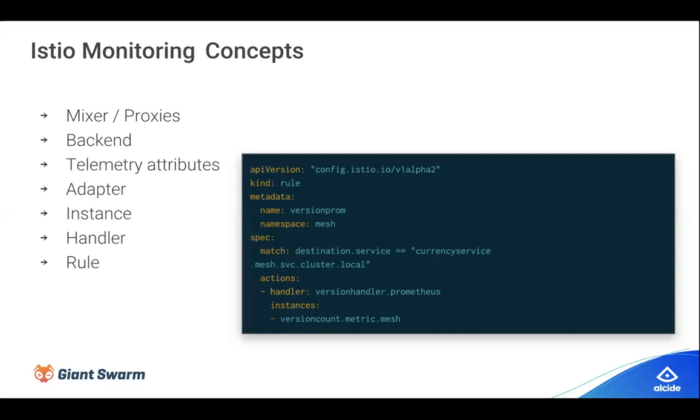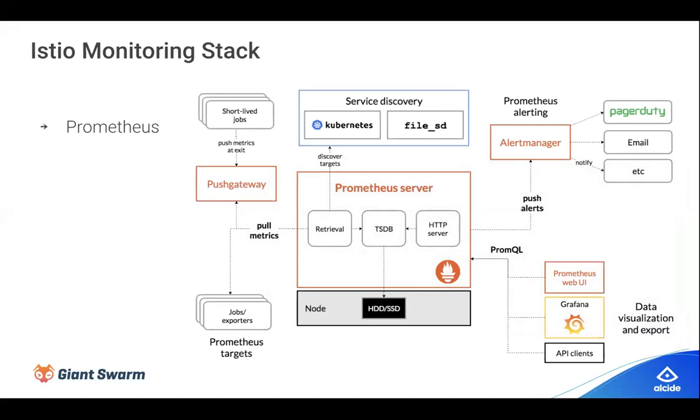And also we can define some conditions. Here we are matching to only forward or only provide this for the destination services equal to current services. So these are the main concepts I would like to touch.